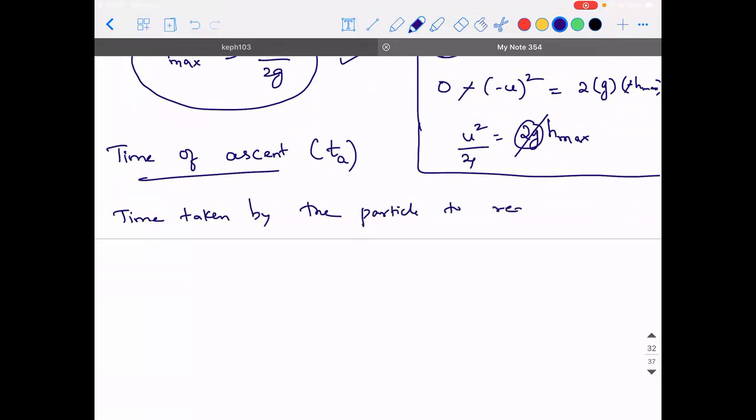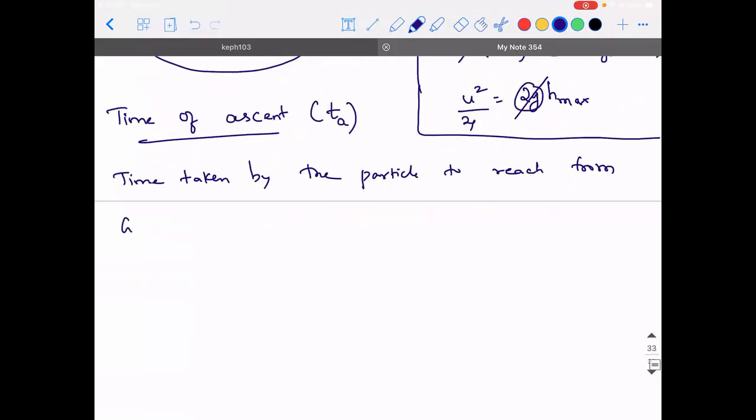Sir, will time of ascent be equal to time of descent if air resistance is ignored? Yes. Okay. Anyways, we'll see that. Time taken by the particle to reach from ground to maximum height is what is called time of ascent.